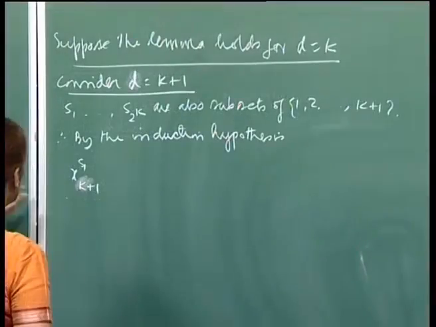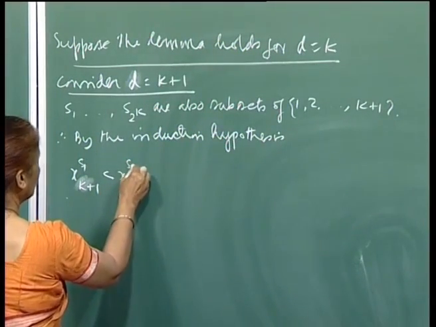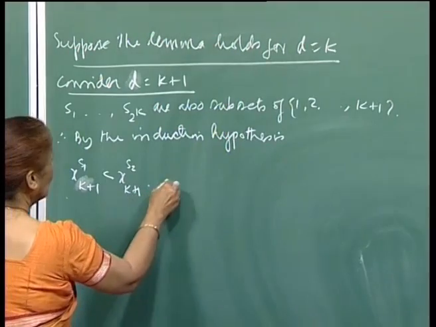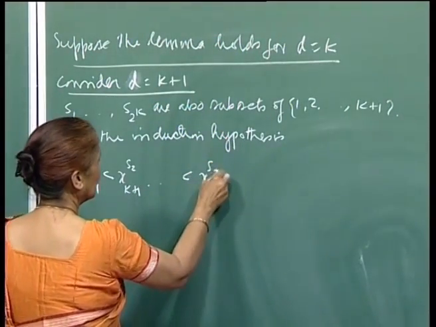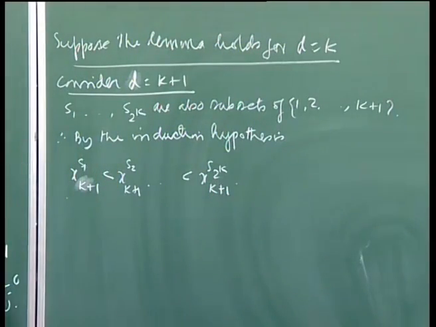So, that is the last component. So, for these subsets this is less than x s 2 raised to k plus 1. So, up to this is okay, right.